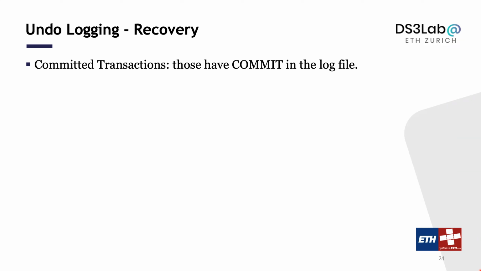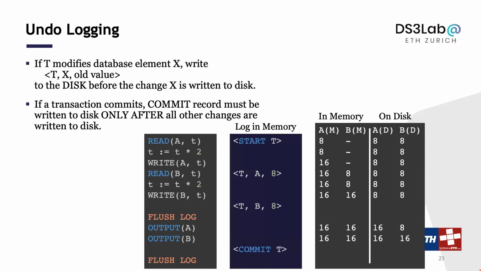There are some transactions that already have a commit record in the log file. What does that even mean? It means that that transaction is already past the flush log stage, which means that all the changes of that transaction are already reflected on your hard drive.